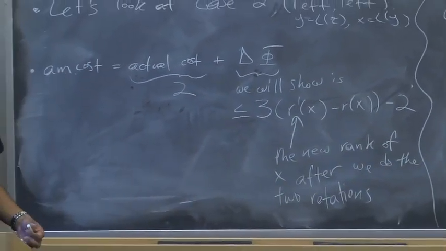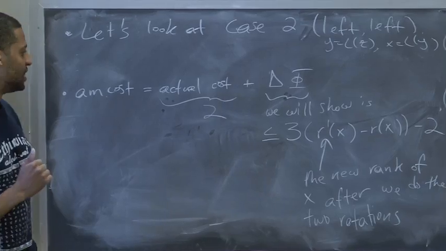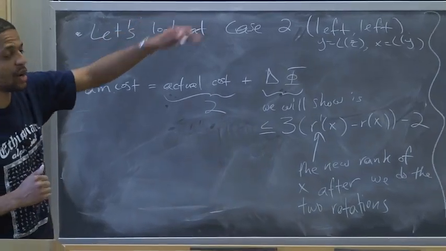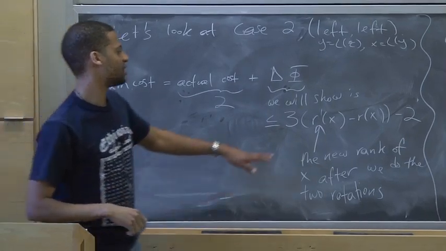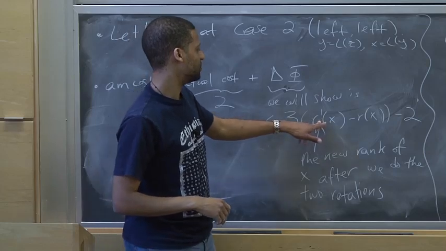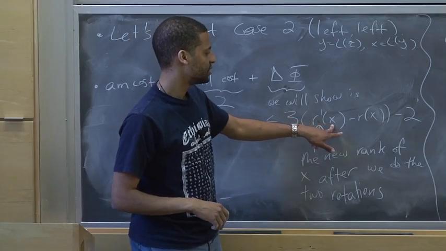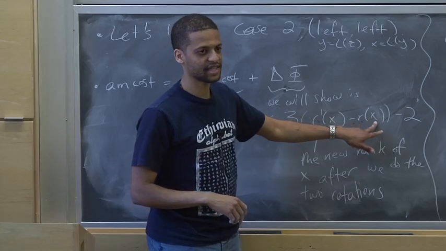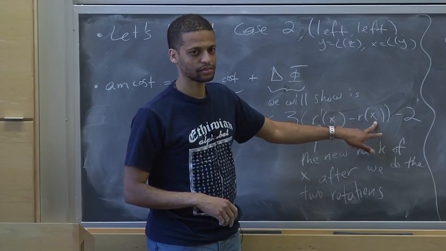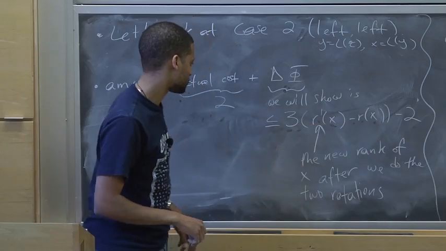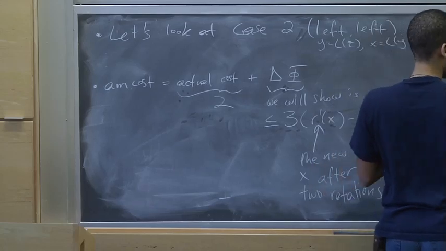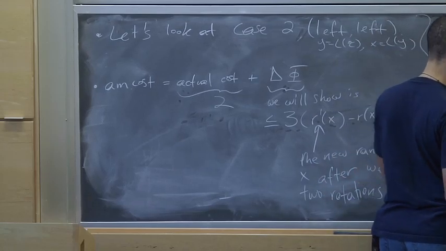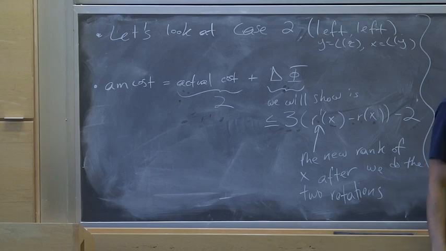And when we sum over all of these case operations going to the root, it's going to telescope, and we're going to be left with r of the root minus r of x to begin with. Remember, it doesn't matter who the root is. R of the root is always the same because you sum over everyone in the whole tree.